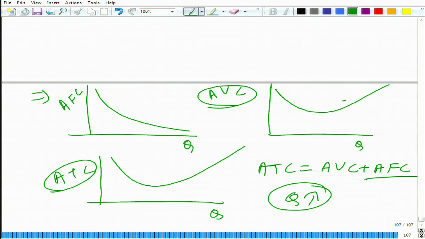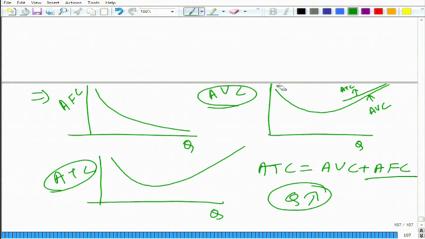So, what happens as you move further and further? Of course, this one is average total cost and this one is average variable cost. As you move, the difference will gradually decrease. The difference is equal to the average fixed cost, right? Okay.